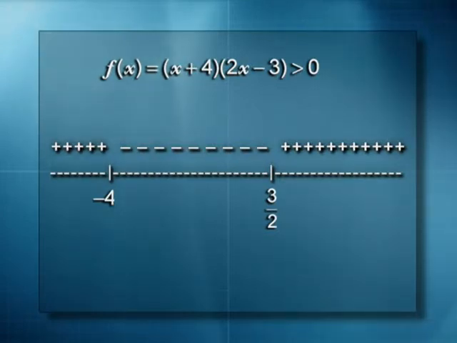Okay, I've now analyzed the factored form of this quadratic along the number line using those two key points, minus 4 and 3/2. And what have I discovered? I've discovered that to the right of 3/2 and to the left of minus 4, the expression is positive. So that's the solution.